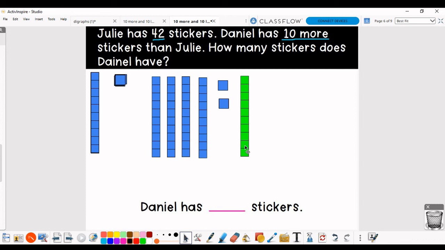Now I'm going to count on from 50 to count my ones. 51, 52. So how many stickers does Daniel have? That's right, 52. 52 is 10 more than 42.